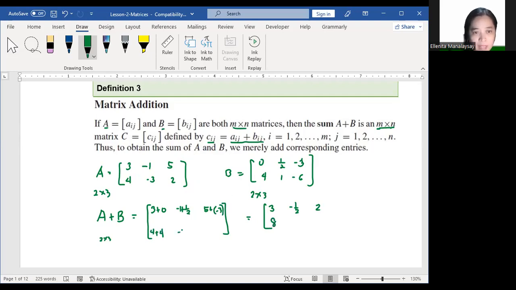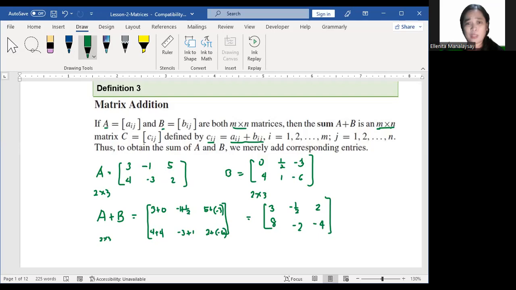And then we have -3 plus 1, that's -2. And the last entry located at the second row, third column is 2 plus -6. And that will give us -4. So this is how we get the sum of two matrices.